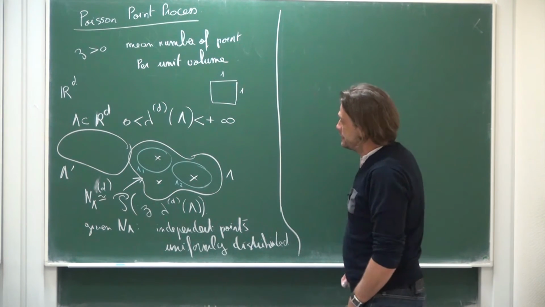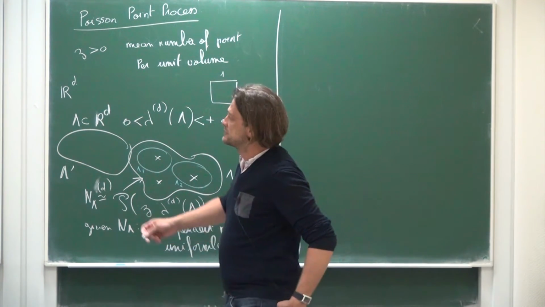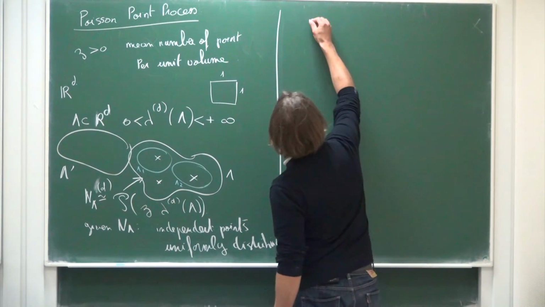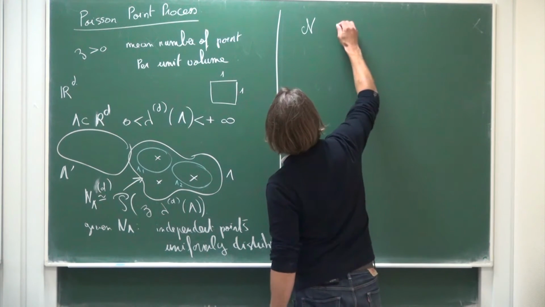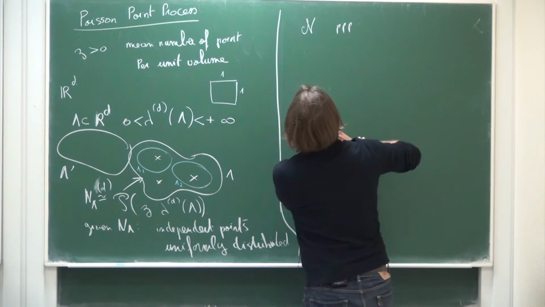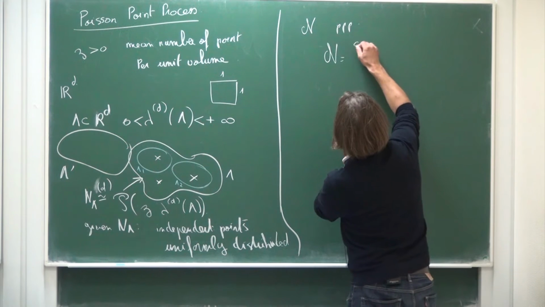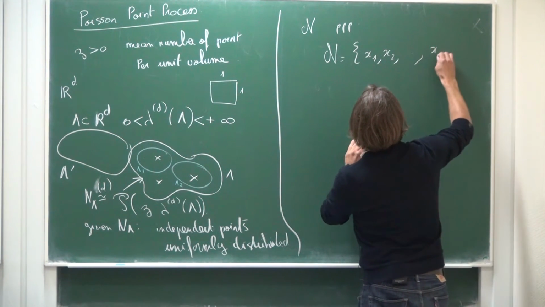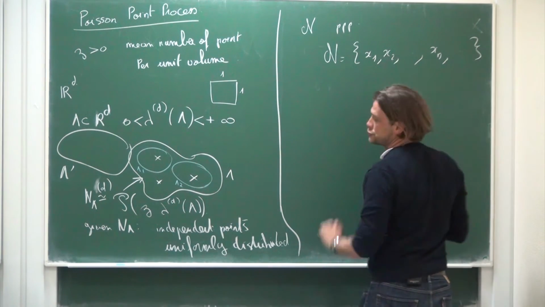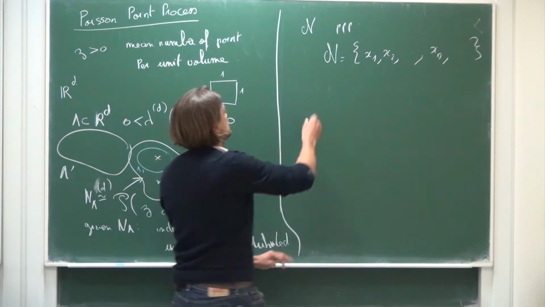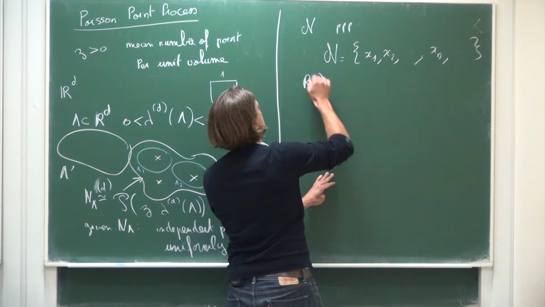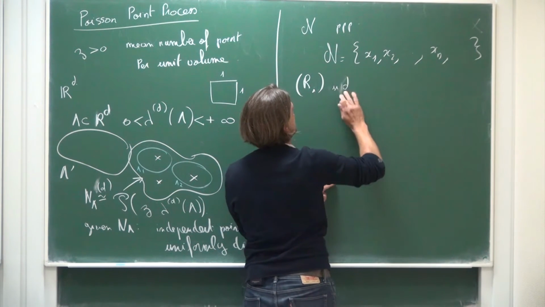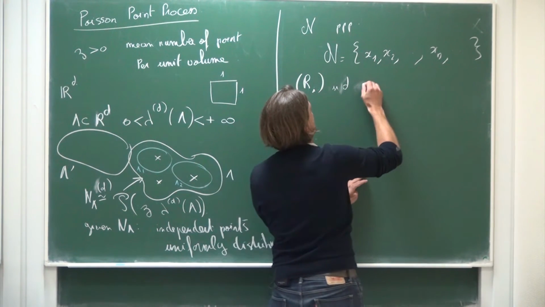Okay, now it's quite easy to consider a collection of independent variables. So your point process N is an infinite collection of points. We can give, for example, this description. It's infinite, almost surely. Now I consider R_i, independent IID variables on R plus.